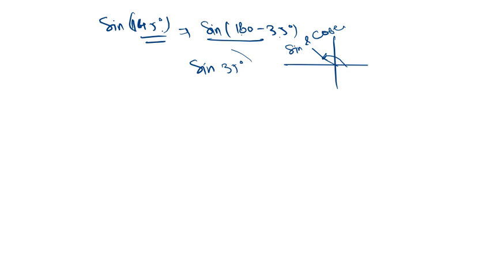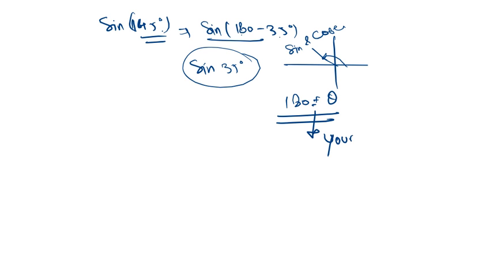So if you are doing 180 plus or minus theta, your trigonometric ratio will not change. Up to now, with 90 plus or minus theta, we were changing sine to cos, cos to sine, like this.